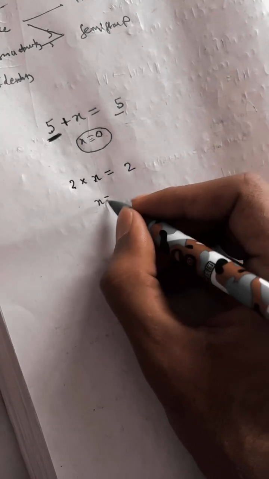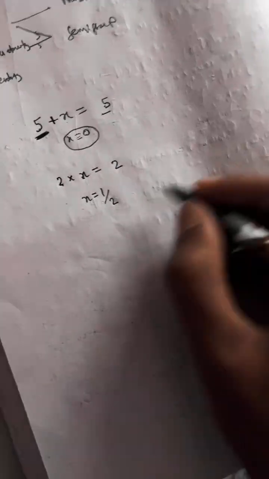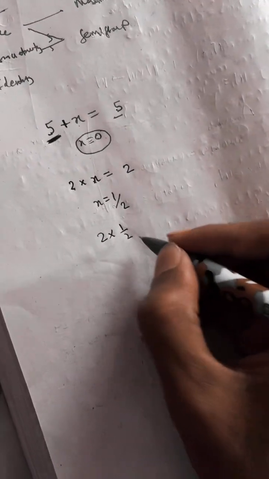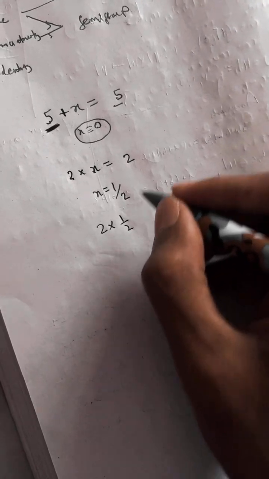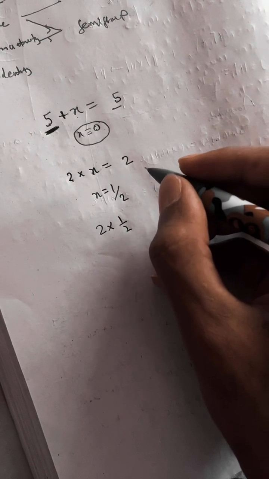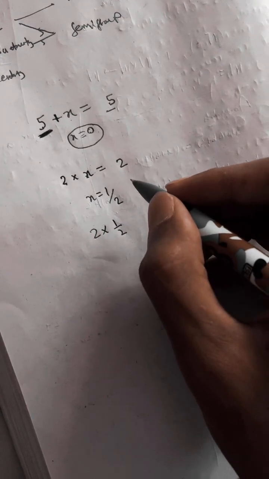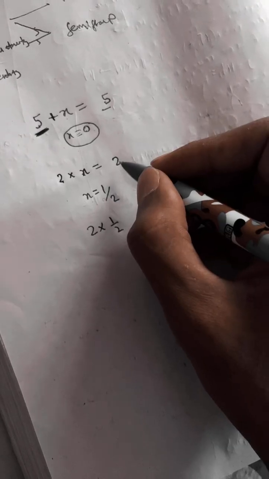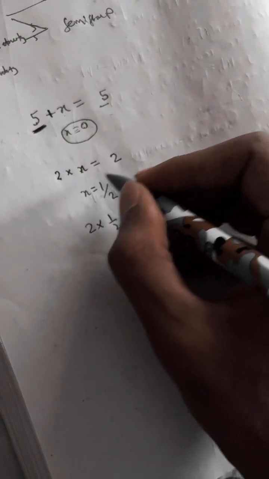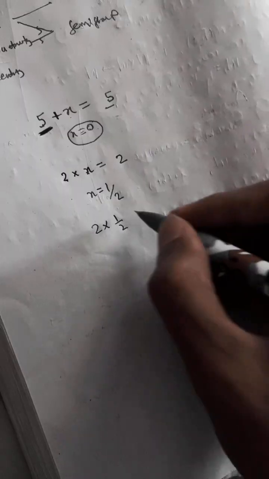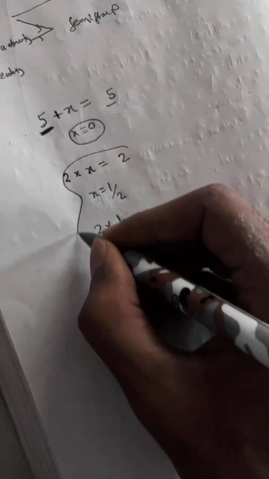Well, the answer is x must be 1 by 2, because 2 into 1 by... well, I think I made a mistake here. Okay, so the mistake is not 1 by 2.